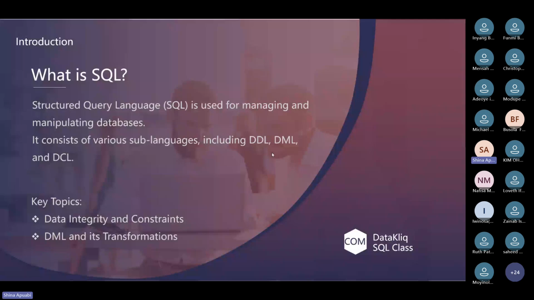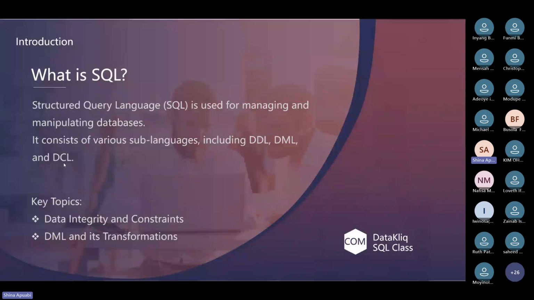What about the DCL? Now, the DCL means the data control language. It's a kind of control that a user must have access or permission in the database. Somebody will be wondering, this one is quite different. Yes, but it's a database, it's people's information. So this category is very important.